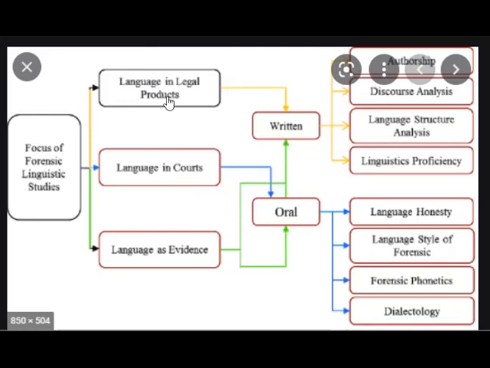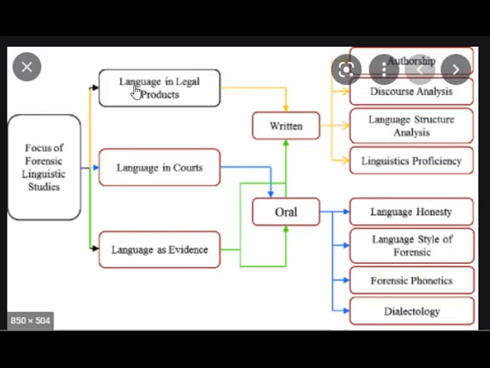Language in legal products can be, for example, the text of the verdict which is given, or the language in some contract, or in divorce papers, or in some agreement between two parties. These are all part of language in legal products, right?